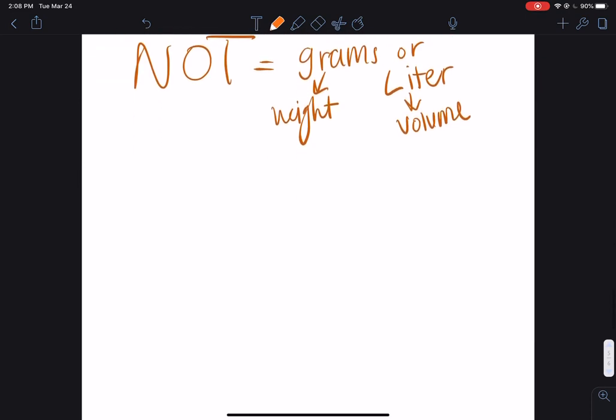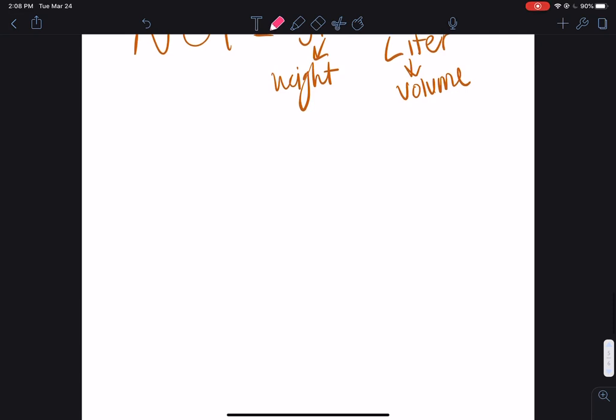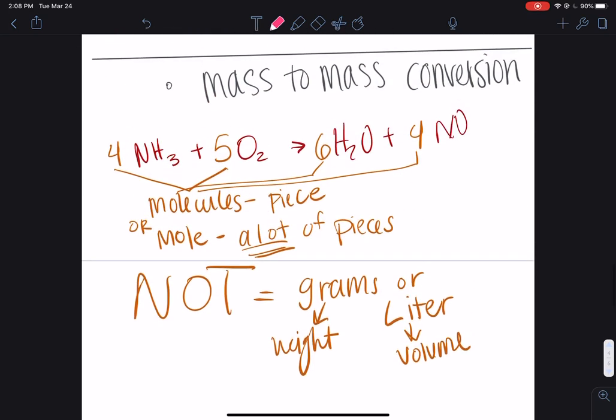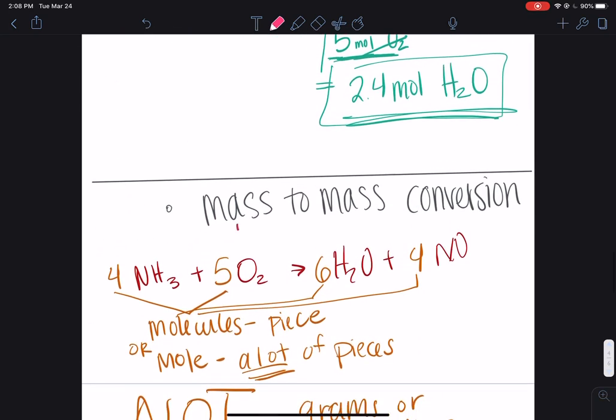So when we are doing mass to mass conversions, we're going to go from mass of substance A to mass of substance B. To get there, we have to go back to moles of A so that we can go to moles of B, and then we can go to grams of B. So this is our general path.